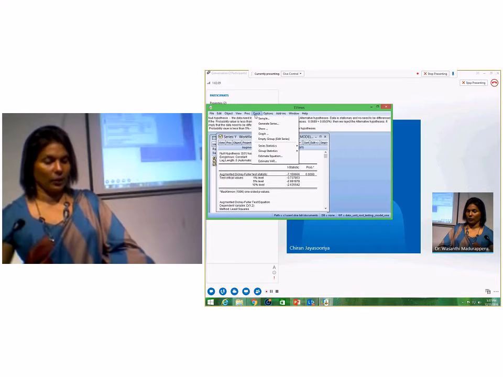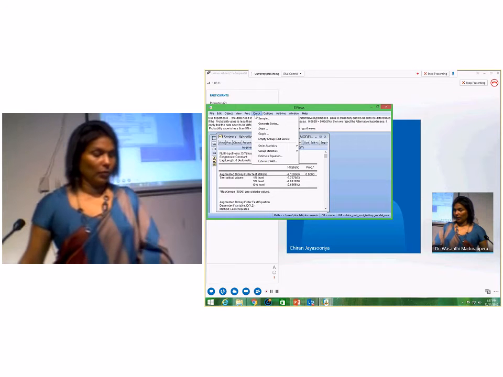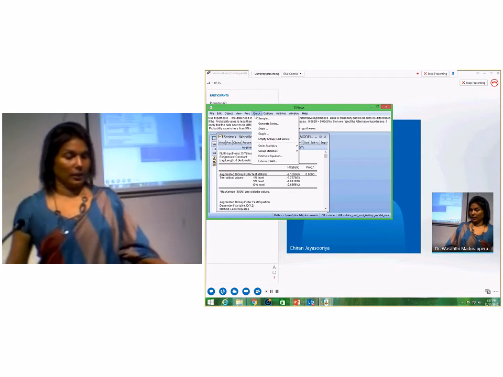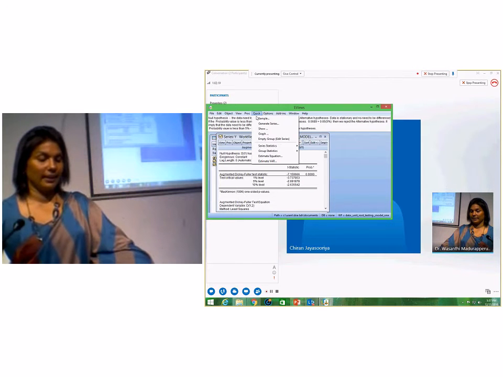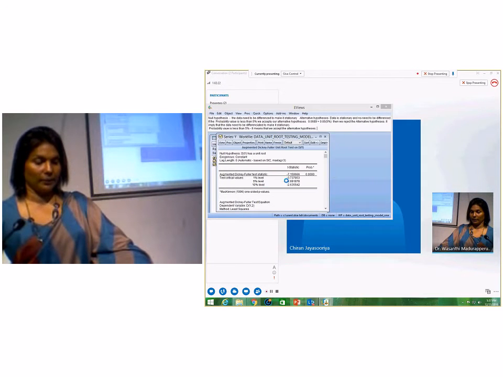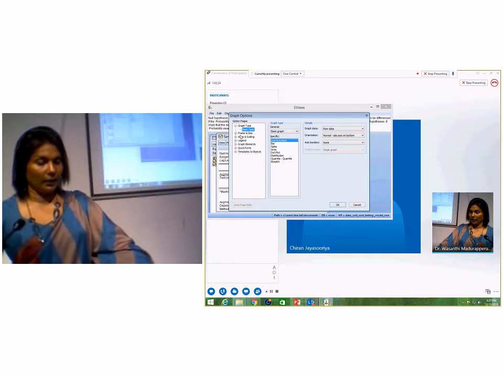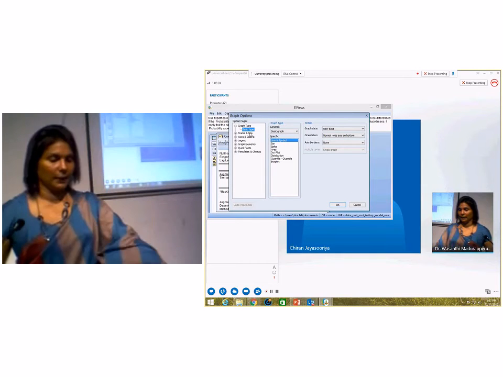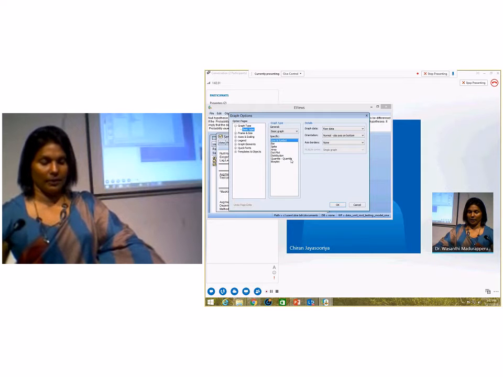Also, before the unit root test, you need to see the graph of the series. It is Y. Graph type is basic graph, and line and symbol.